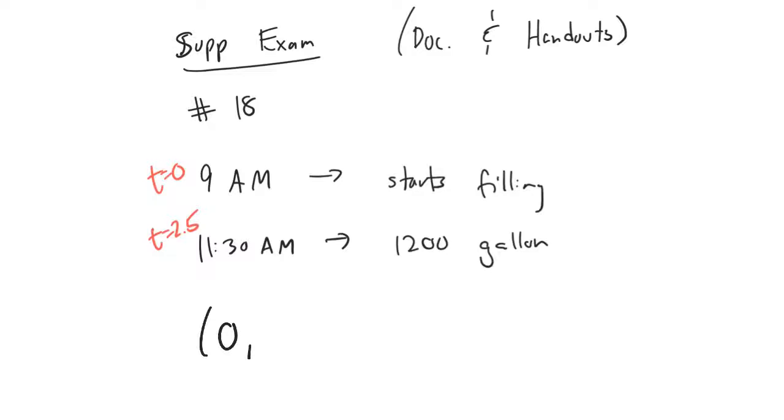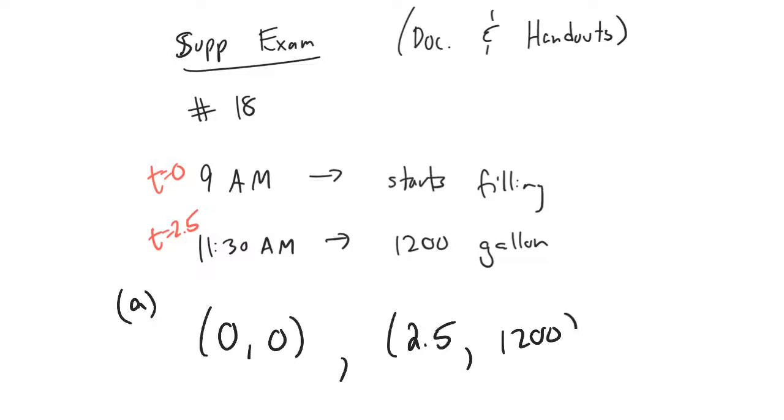So at 9 a.m., it has no fluid in it. That's my first coordinate. At 11:30 a.m., after 2.5 hours have elapsed, it has 1,200 gallons in it. So my two coordinates are these two to start.